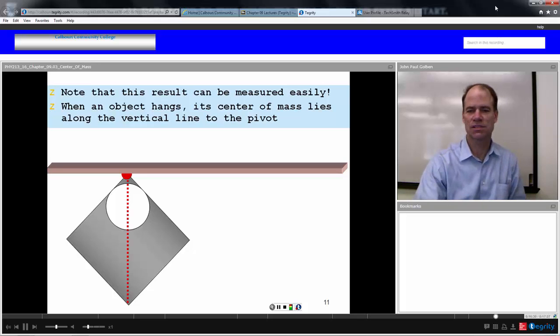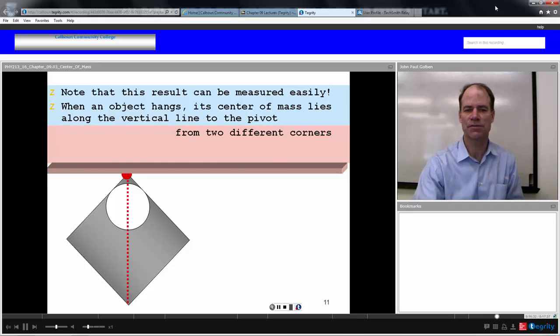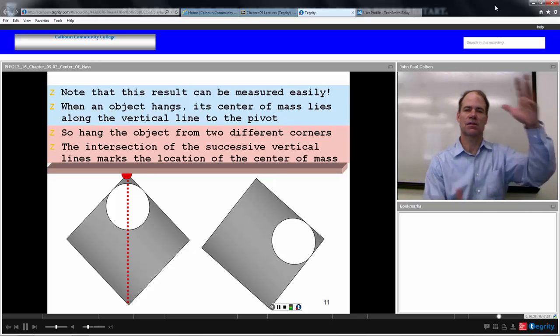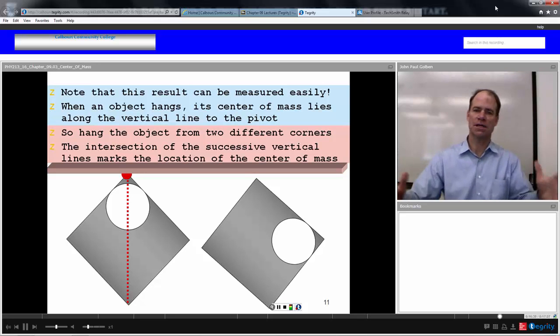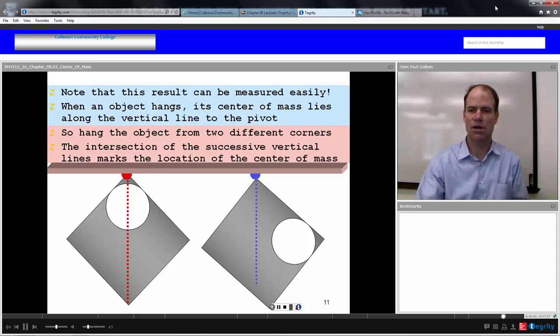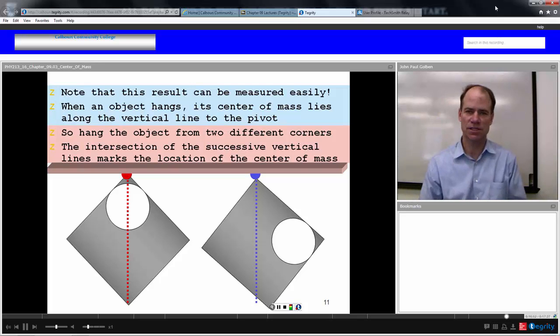Fine. Well, let's suspend the same object from a different corner. If we do that, it's going to rotate until it finally stops. It's going to be a little bit skewed in the way it looks, but from the pivot straight down, somewhere along that line should be the center of mass. So if I were to draw that line, somewhere on that blue line should be the center of mass.